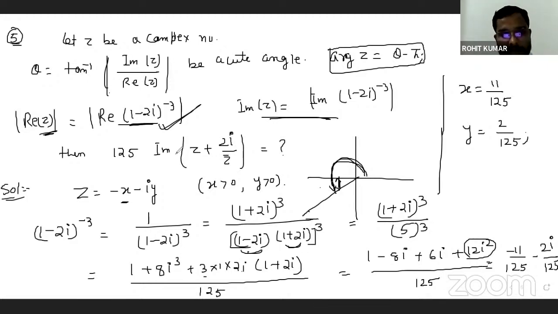We need to calculate imaginary part of z plus 2i upon z bar. So first of all, let's calculate 1 by z bar. Shall I go to the next page? Or I'll wait a second so that you guys can copy this.